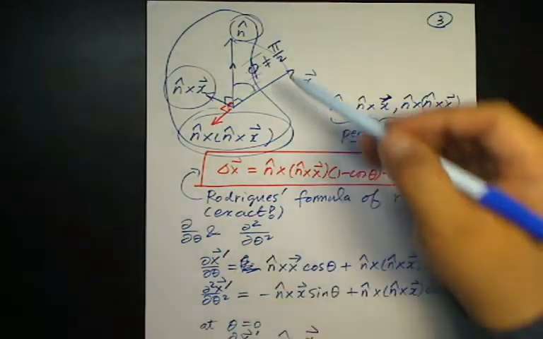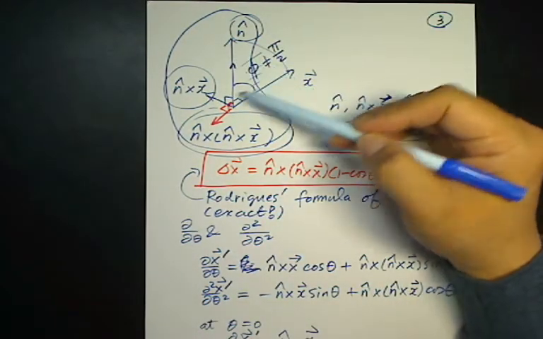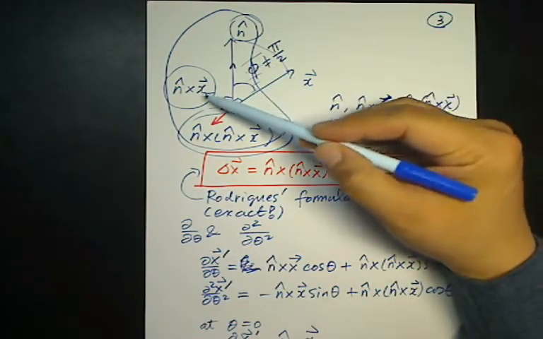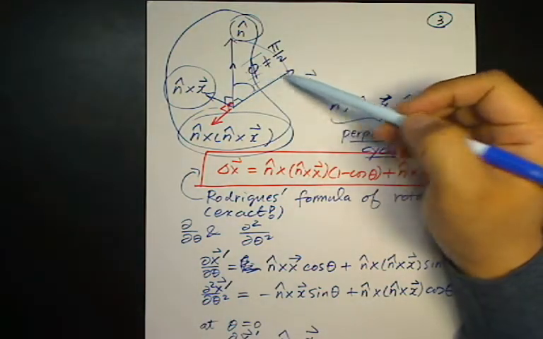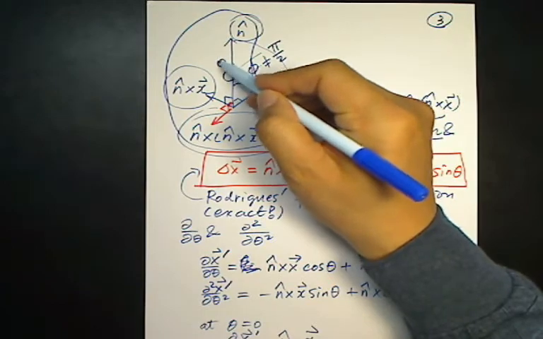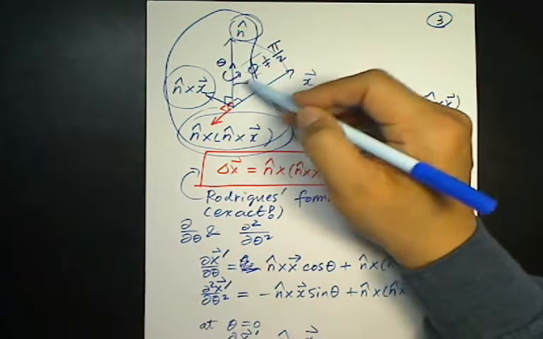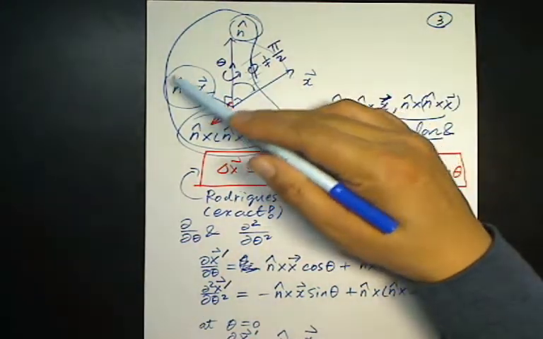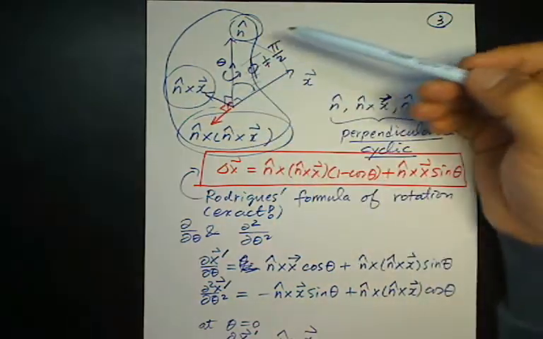We have a cross product of n hat and x to find the tangential direction. We increase the angle theta in this way, so this vector is along the tangential direction.